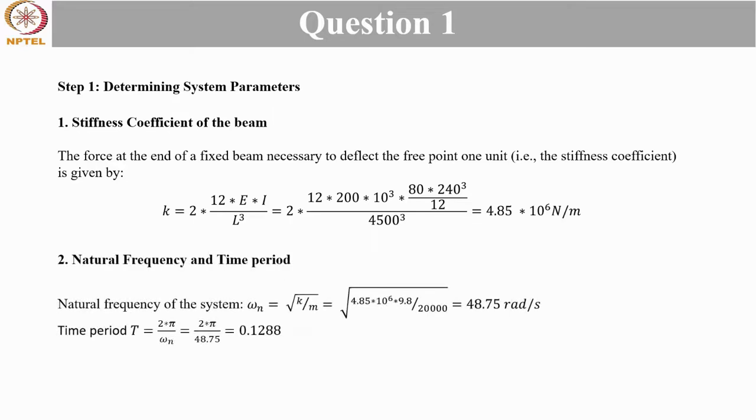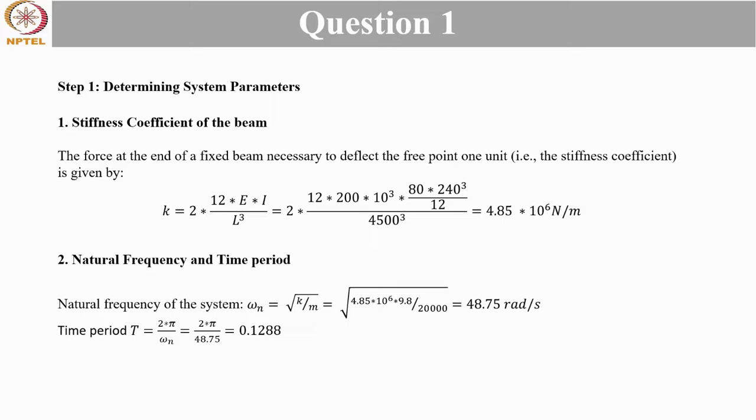Now, this is the stiffness coefficient. Second is natural frequency and time period that we can determine from the values given in the question. So, the natural frequency of the system, omega n, is given by under root of k by m. We know the value of k, we know the mass. The weight of the frame is given, 20 kilonewton. So first we need to find mass.